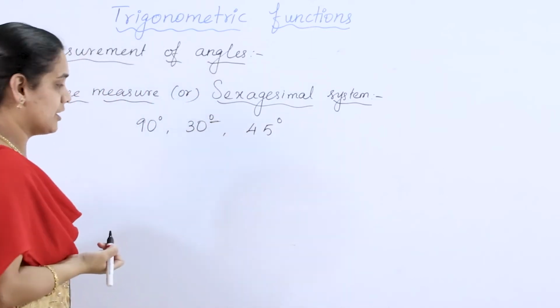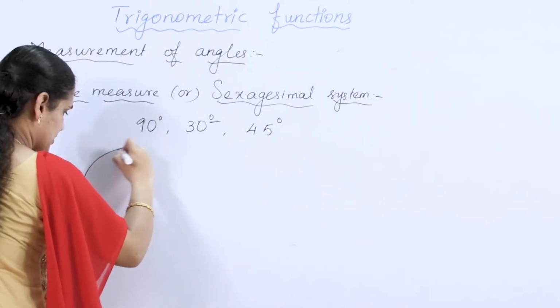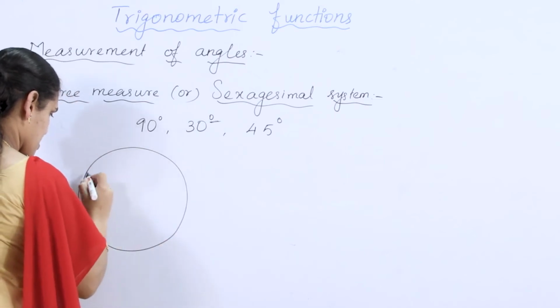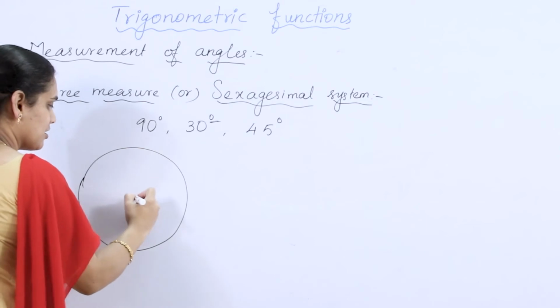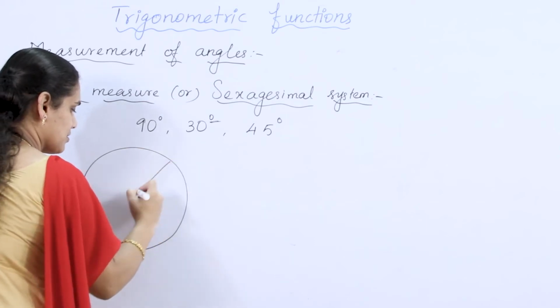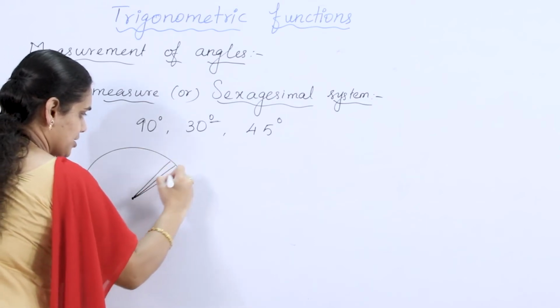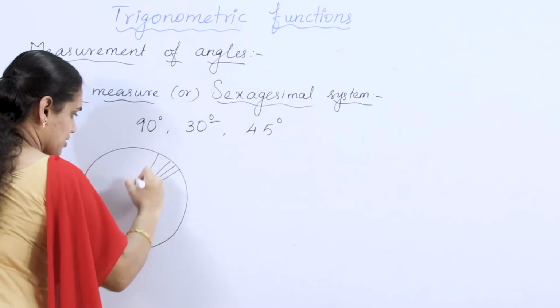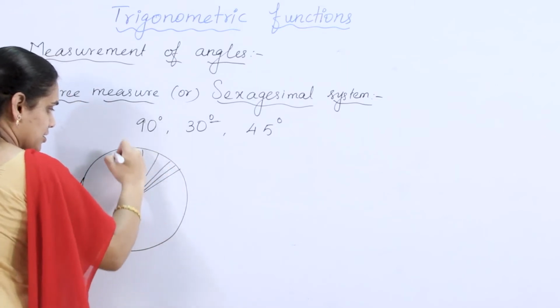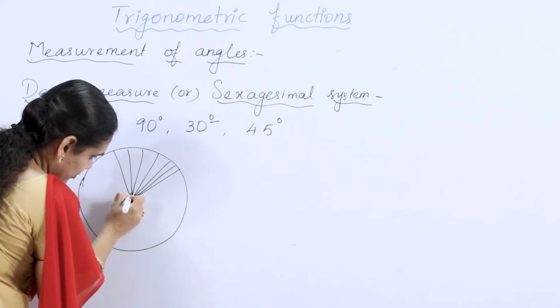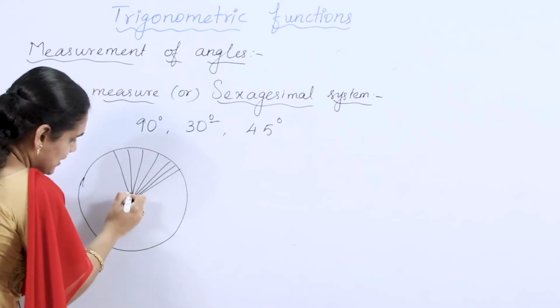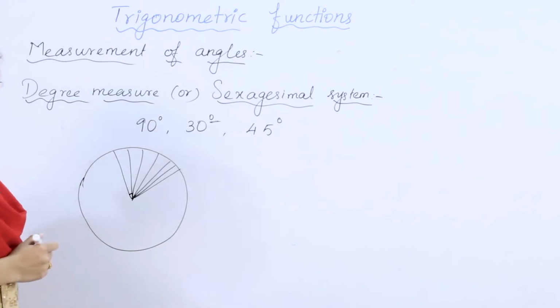So what is a degree? If there is a circle, and we divide this circle into 360 parts, and in each part we measure the angle, that is equal to 1 degree.